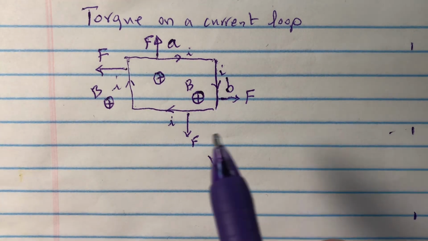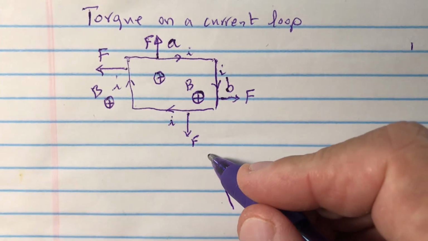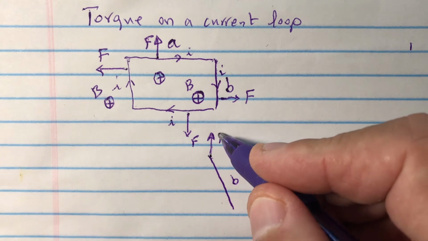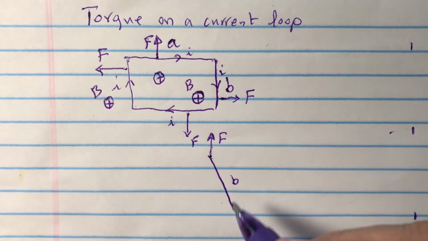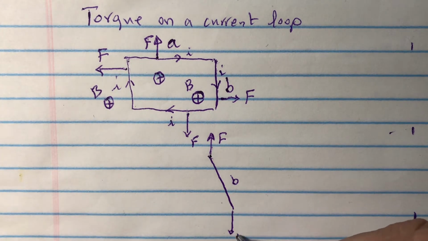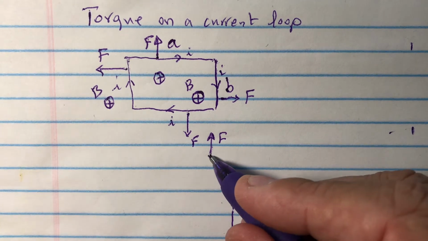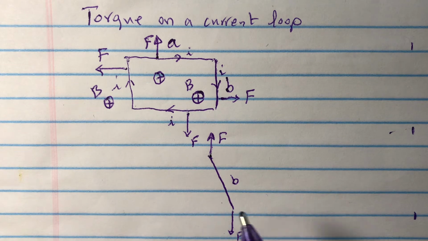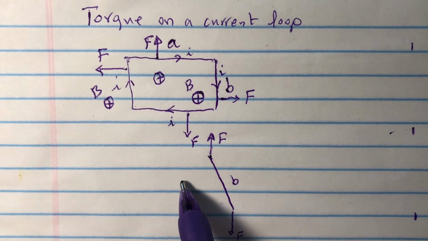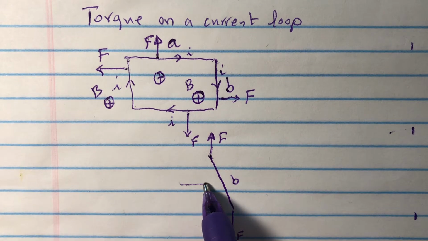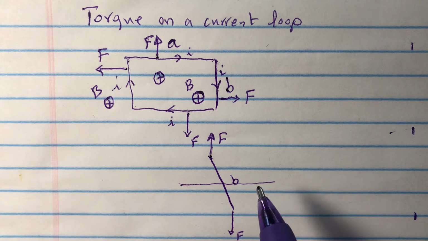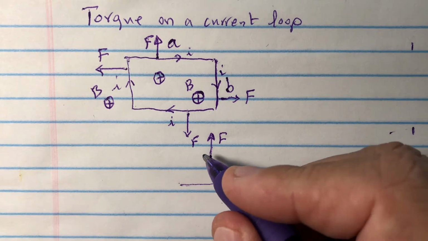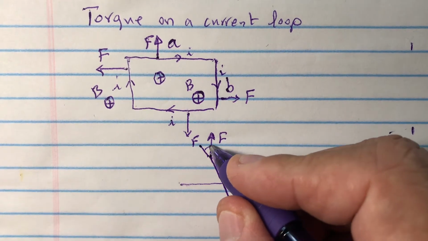Now, this force here is this one. This force here is this one. This length here is B. Now we go at the center of B, we draw a line there. I have an angle here, I call it theta.